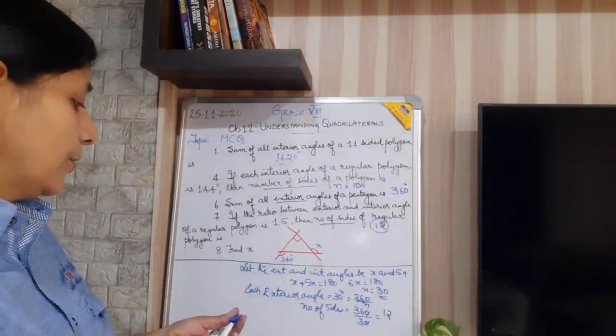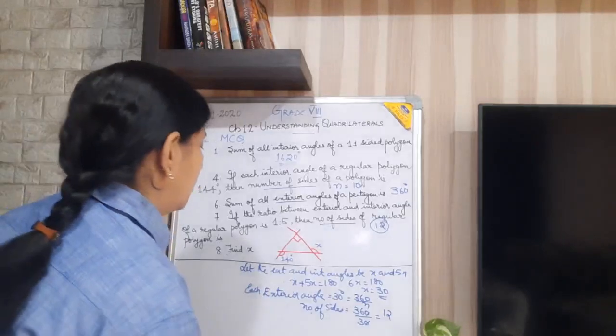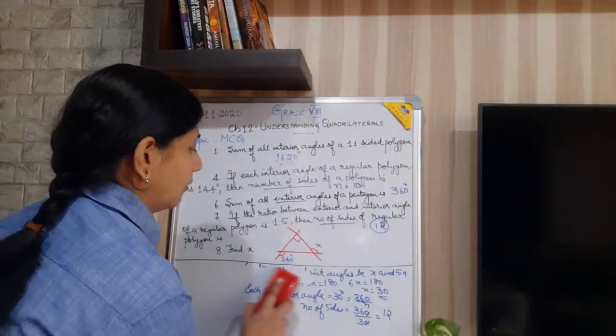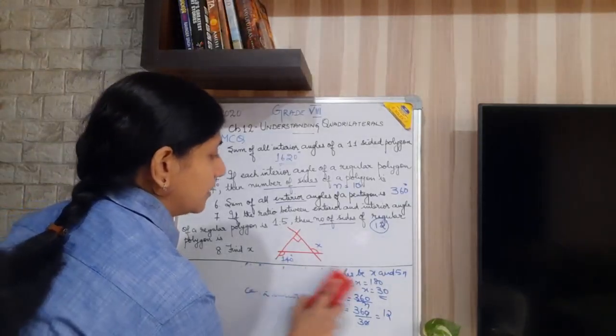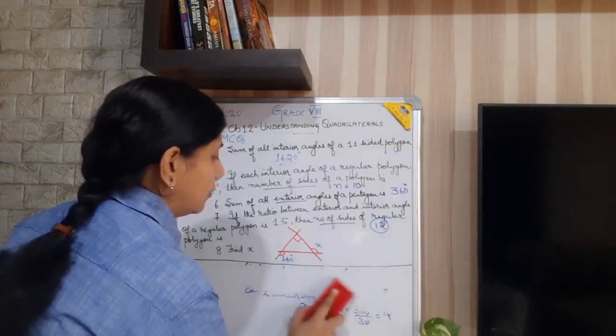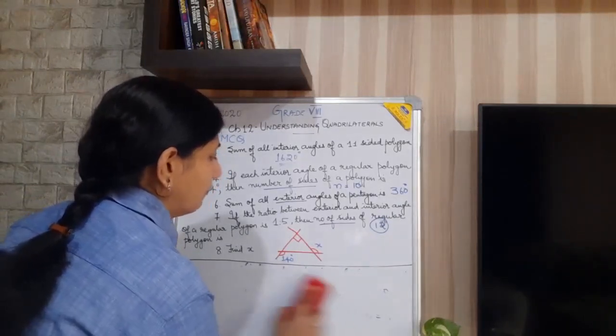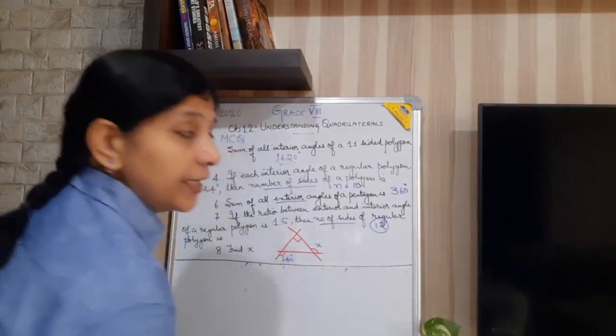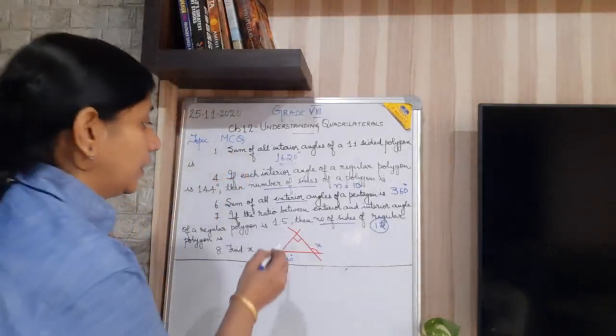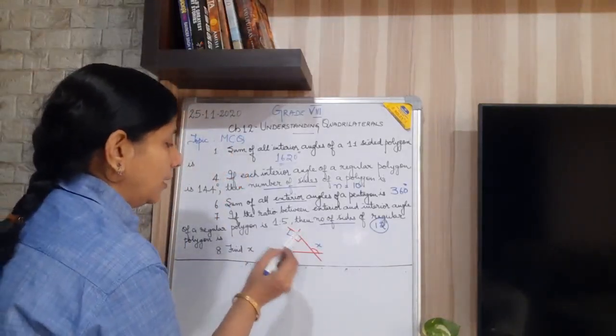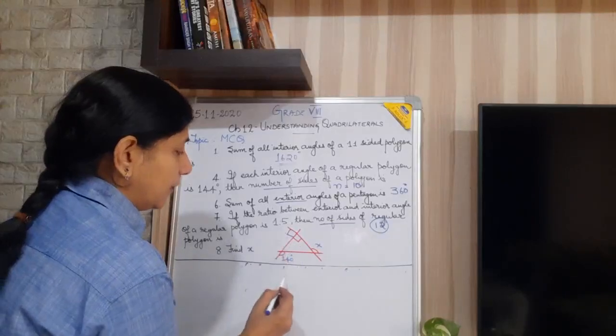Now the next question, the figure is given, you have to find x. How will you find x? Here x is the exterior angle and one more angle is given as 140. So it is a three-sided figure. So three exterior angles should be given, and this one is 90, which means the other one is 90.